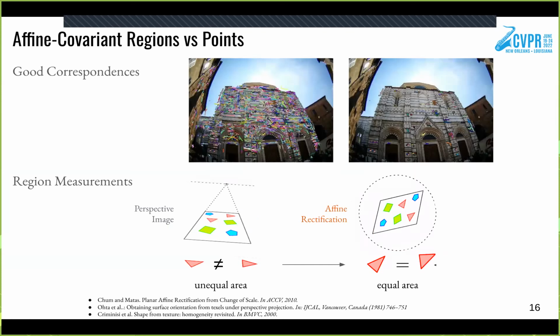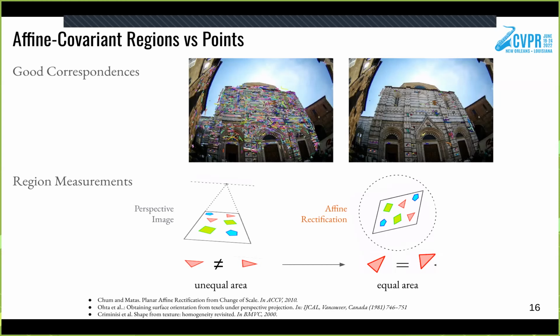So why use affine-covariant regions versus points? Why not just use points or Harris coordinates, for example? Because they will, of course, detect on symmetries as well. Well, one of the issues is you need good correspondences. If you look at the image on the left, it's full of trash, many different detections on texture, and the actual symmetries on the right, which is what's been filtered after the estimation, the actual good features on this texture are quite few.